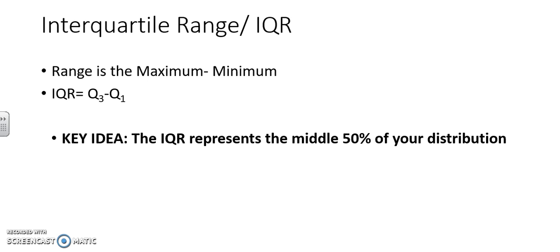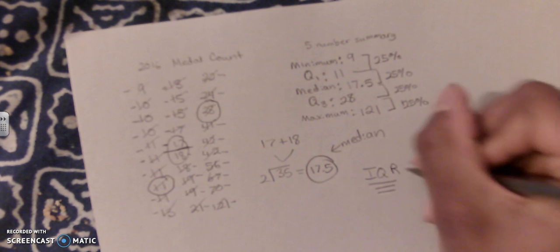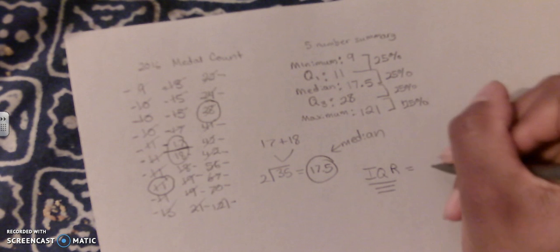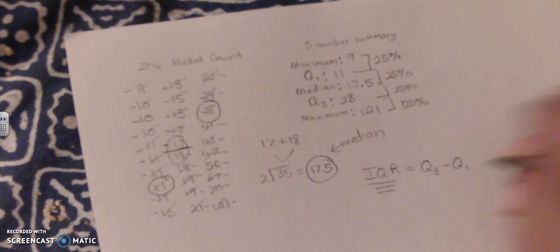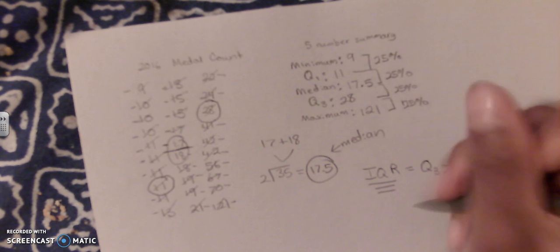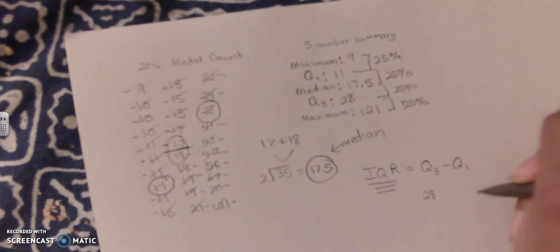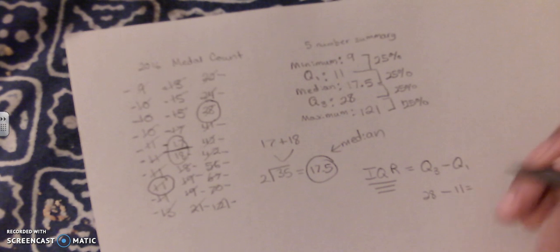So let's take a look at that using our information here. Okay, so we're finding our IQR, and remember we said it's our Q3 minus Q1. Well, what's my Q3? It's 28, and my Q1 is 11. So now I know that my interquartile range is 17.